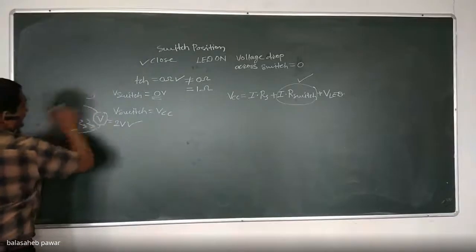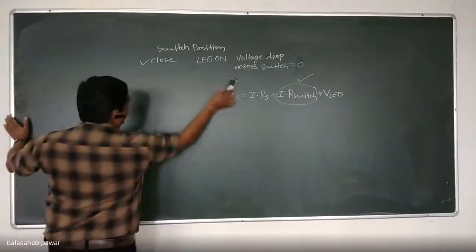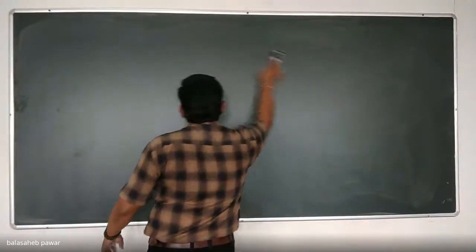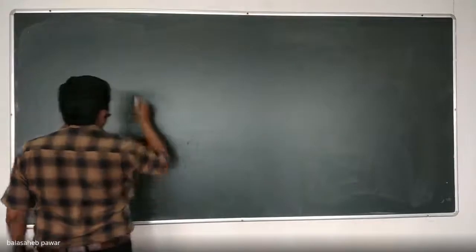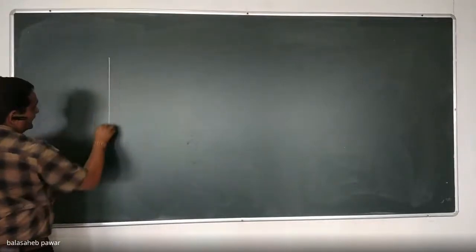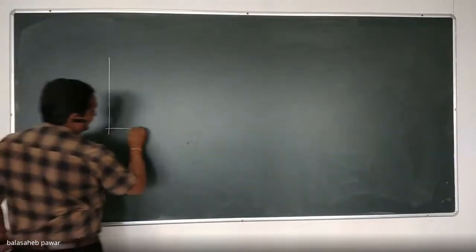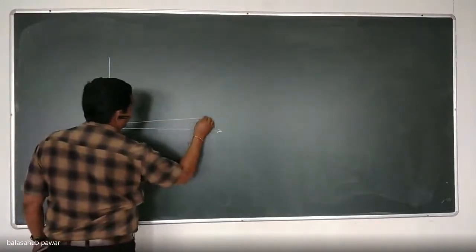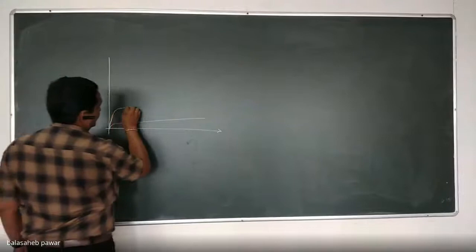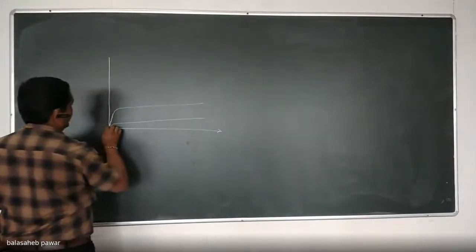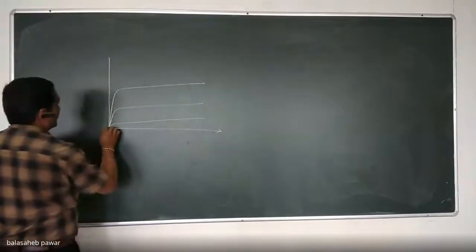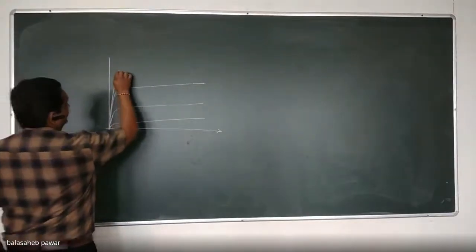Now, you all are well familiar with the output characteristic of our MOSFET and the DC load line, right? So many times I already taught all these things. So this is the drain characteristic or the output characteristic of MOSFET, correct?